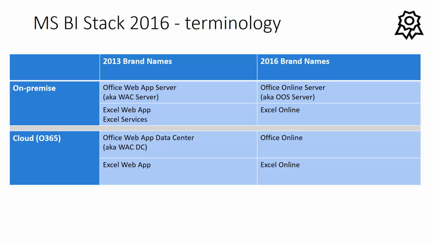Terminology. So, as I already mentioned, we had a few changes to the terminology, a few new brand names introduced. This was done by marketing, so don't shoot the messenger. In the on-premises and in cloud environments, Excel is now called Excel Online, so there is no differentiation between on-premises and cloud environment. In both cases, Excel is called Excel Online.